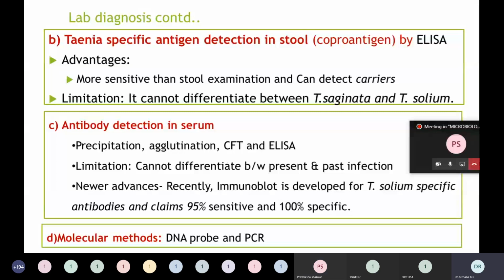Limitation, it cannot differentiate between present and past infection. Recently, an immunoblot has been developed for Taenia solium specific antibodies, which is 95% sensitive and 100% specific.